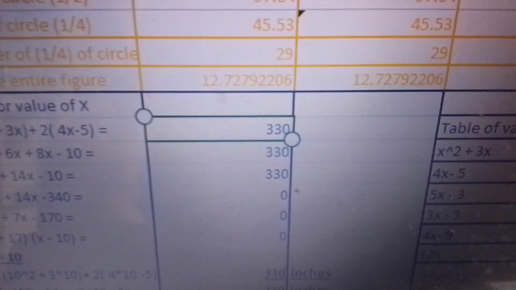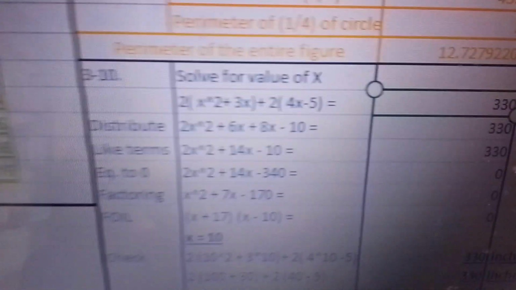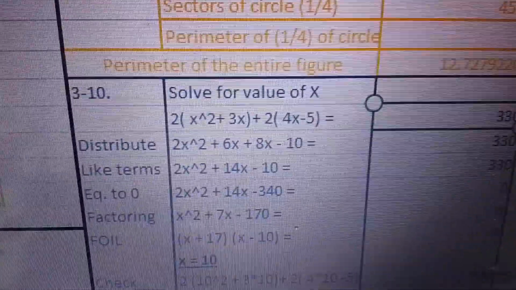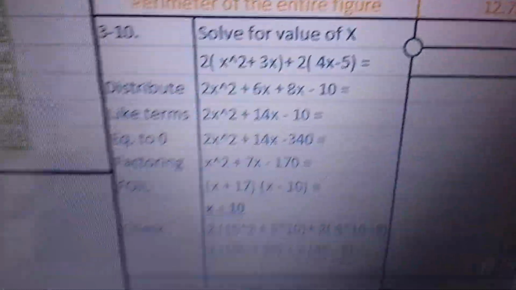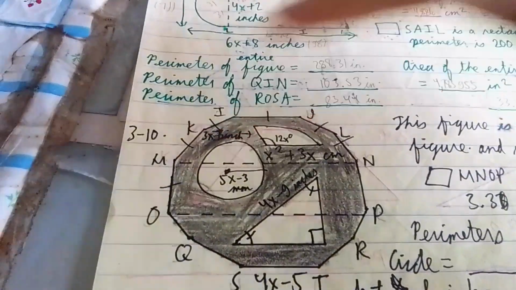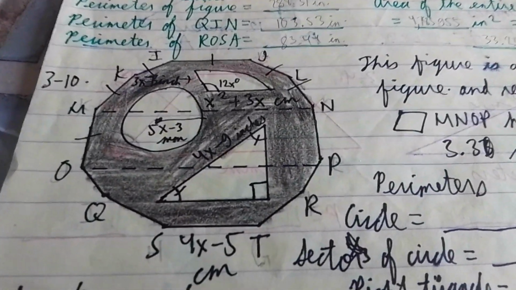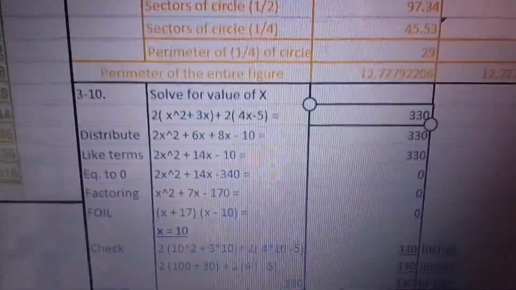Alright, can you see it? Now all we have to do, to solve for the perimeter of the figure, is 2x plus 2x, or in short, twice the measure of x squared plus 3x centimeters plus twice the measure of 4x minus 5. So you should get something like this in the equation.